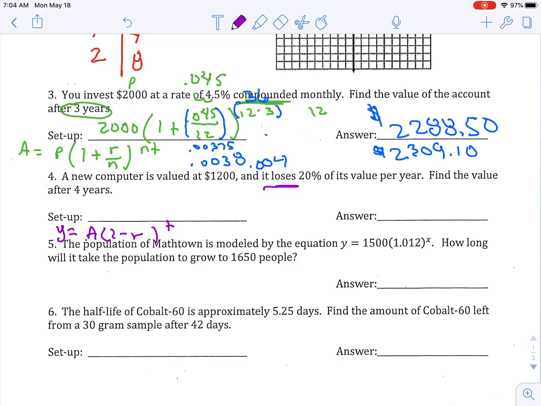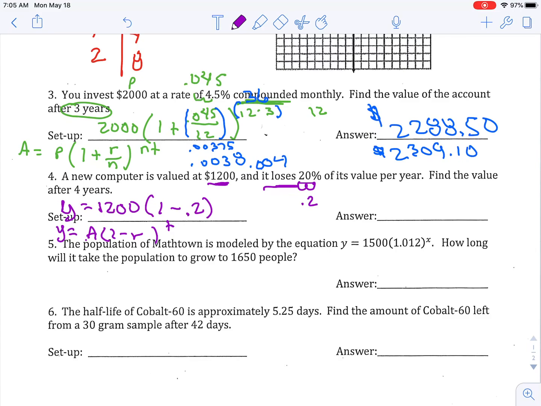So my setup, again, my computer right now is worth $1,200. Okay, so that's my A. So 1,200, and then I have 1 minus my rate of 20%. My decimal's right here right now. So this decimal moving over is going to be 0.2.